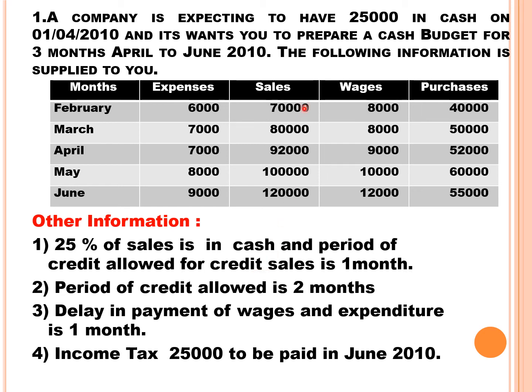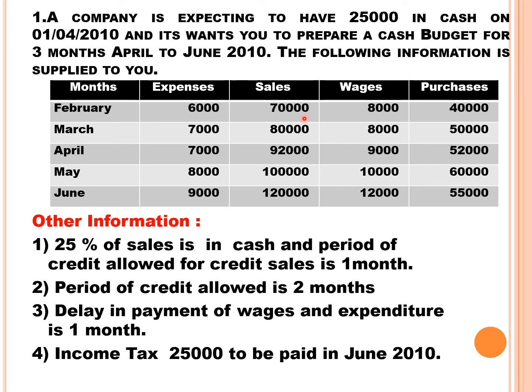For example, take February. February sales is 70,000. Of that, 25% is cash. That is 17,500. You can check on your calculator. 70,000, 25% is in cash, so you get 17,500. This 17,500 will be received in the month of February itself.